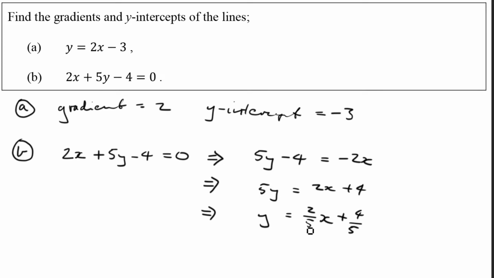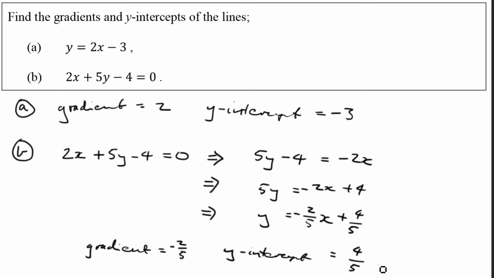We've rearranged the equation we were given so that now we can see that the gradient, how many x's we've got, is 2 over 5. Oh dear, I've left out a negative sign. I do apologise. That should have been there all the way through. It disappeared between my lines, so the gradient is negative 2 over 5. And the y-intercept, that is 4 over 5.